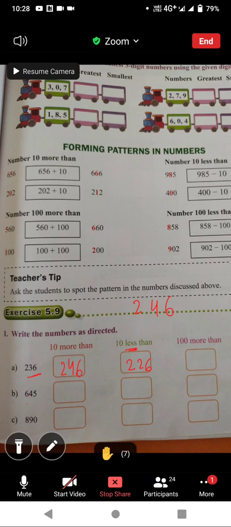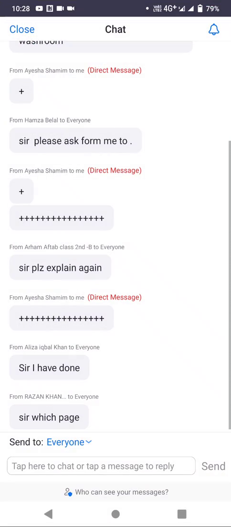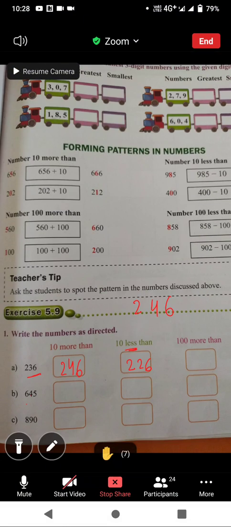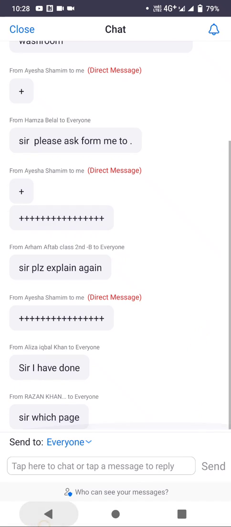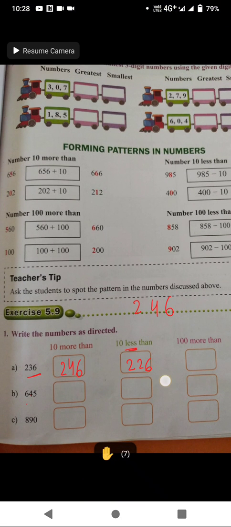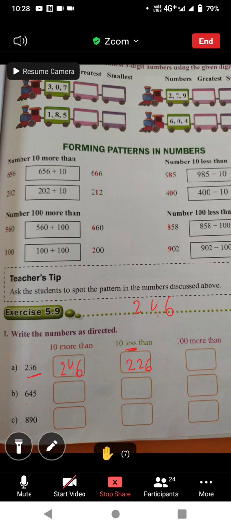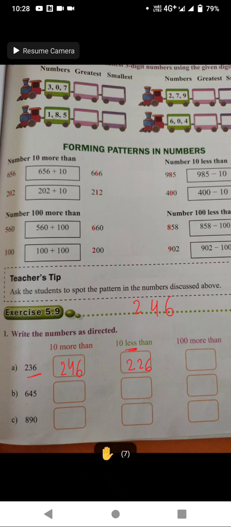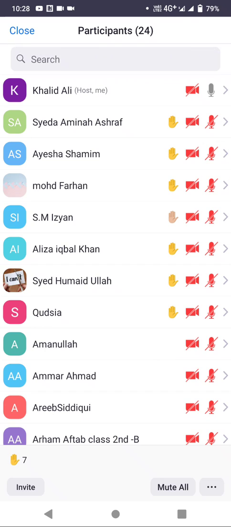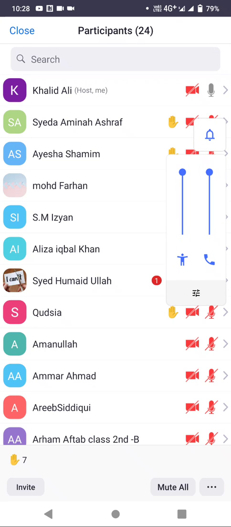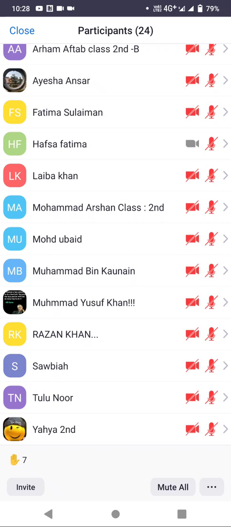Okay, Razan Khan, page number 79. Everyone complete question number 1.